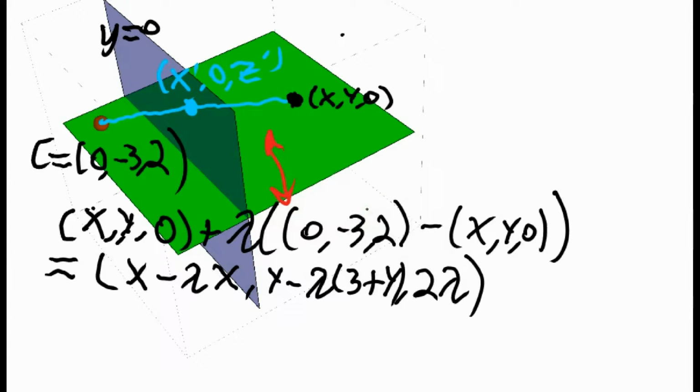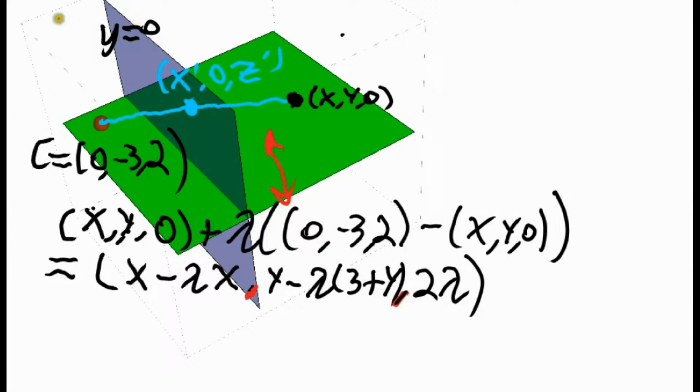Okay then, so now the point here is that we want to find the image of x, y, 0. And that is the place where this ray, which is essentially described by this equation here, meets the picture plane.